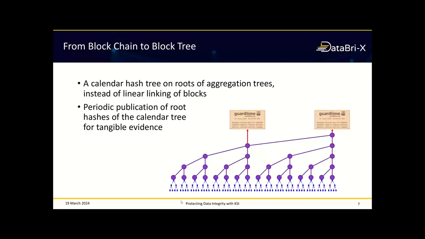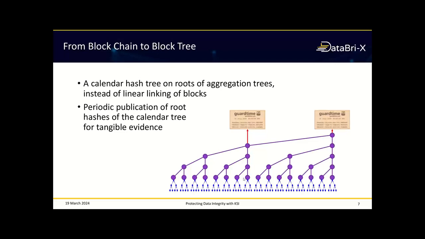I only want to verify or prove the integrity of the element which my data links to. I don't care about others. And to support this efficient verification of individual elements instead of linear linking, we build another hash tree on top of those round summaries. This second hash tree, which replaces the linear linking, we call a calendar hash tree.